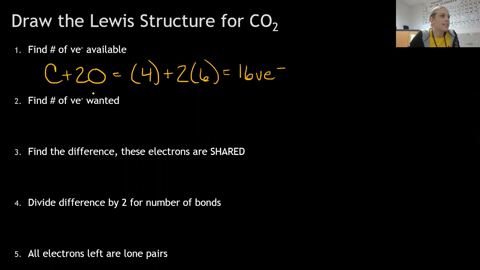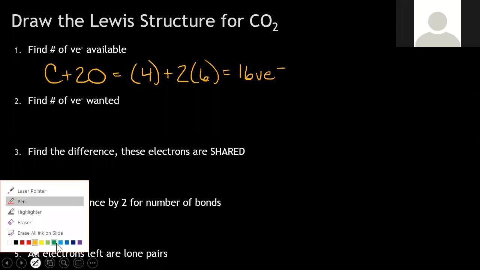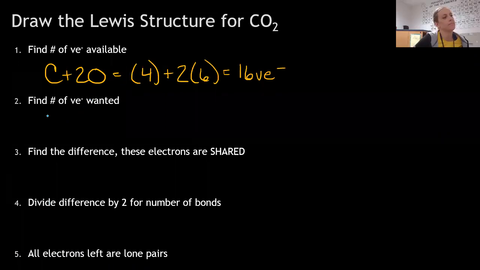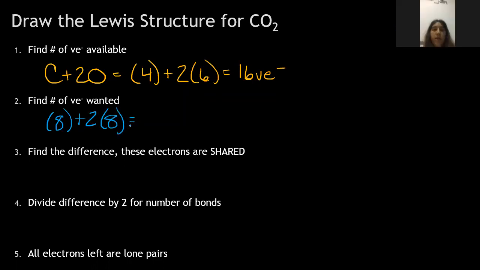Step 2. Celine, tell me what you got. So for the wanted, I got 24. The carbon wants 8. And then the oxygen wants 8 also, but it has the 2 atoms.